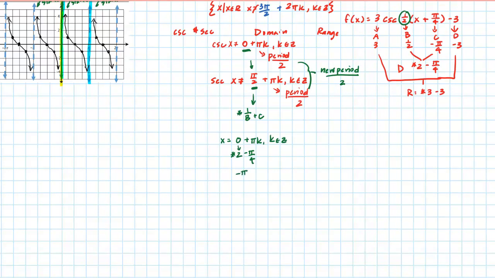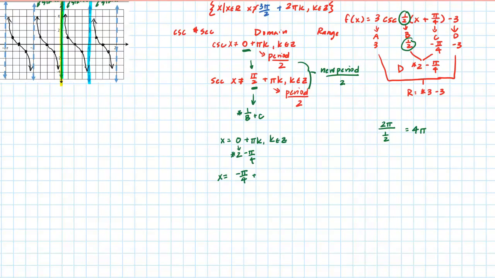So that becomes negative pi over 4. And then, what's my new period? My new period is determined by my b value. So my b value is 1/2. So that's 2 pi over 1/2, so that's 4 pi.